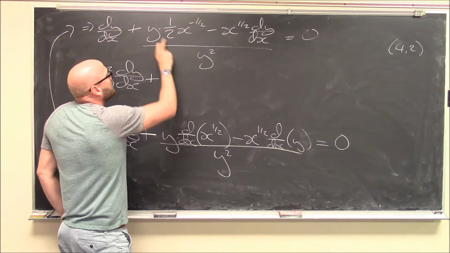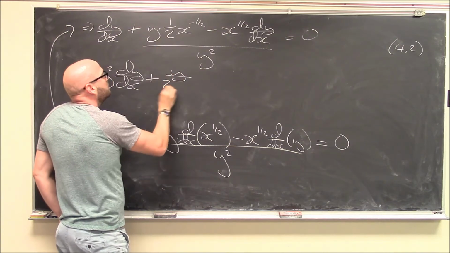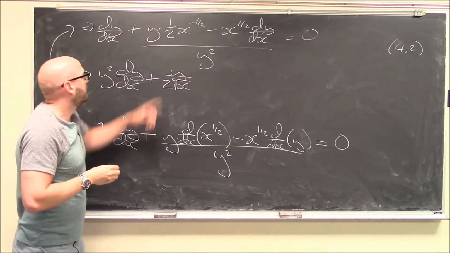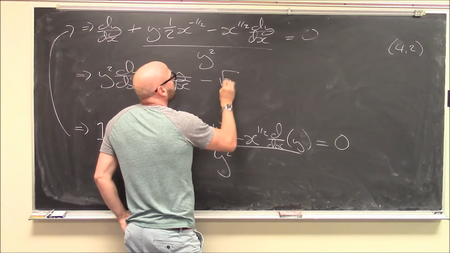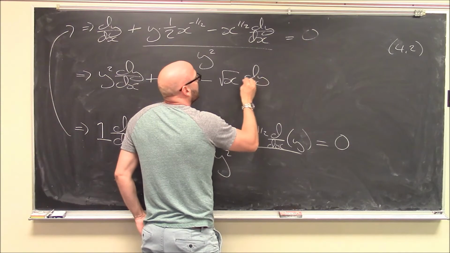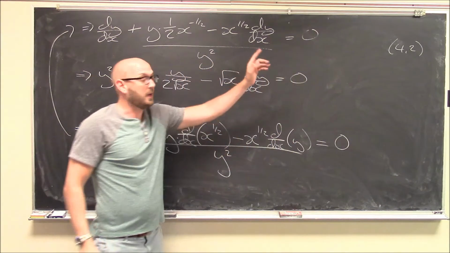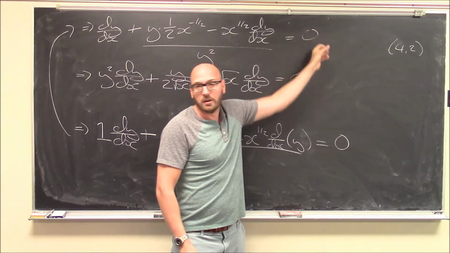I'm going to write this in a different manner. This is y over 2, and this becomes the square root of x down at the bottom. So that's this term, minus square root of x times dy over dx. And that equals 0 times, remember I'm multiplying both sides by y squared, but 0 times y squared is still just 0.